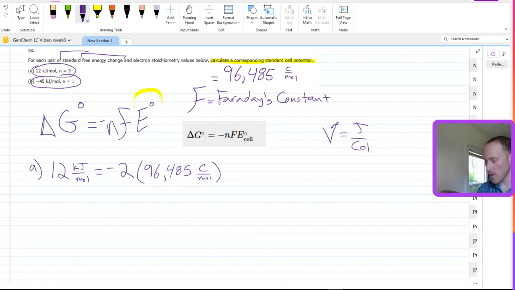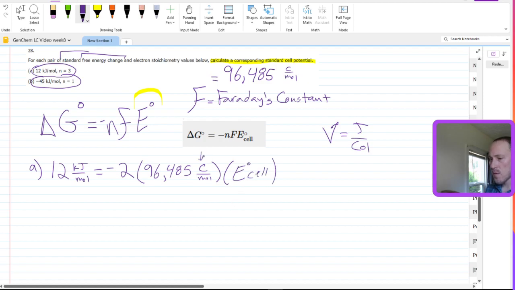Let me confirm that too, because we're actually going to need that. Volt equals joule per coulomb. Yeah, that's correct. Times E cell. Because we have coulombs per mole, we have kilojoules per mole, this is going to be in volts, and we're going to convert it all using this conversion factor.